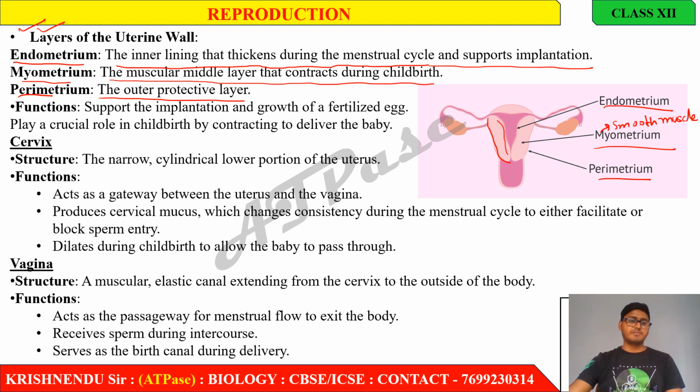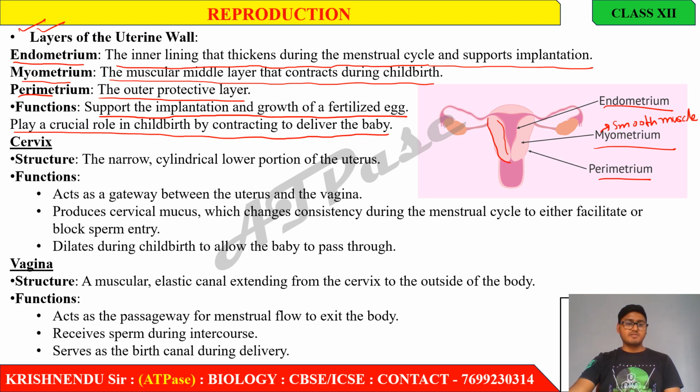This is the perimetrium. Functions: these layers of the uterine wall support the implantation and growth of a fertilized egg, and play a crucial role in childbirth by contracting to deliver the baby. These are the main functions of the uterine wall.